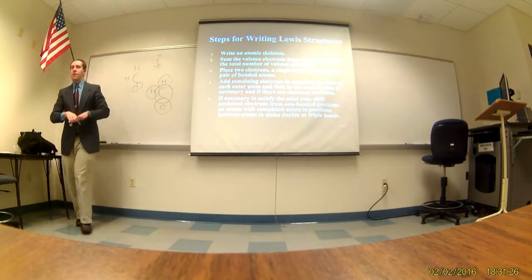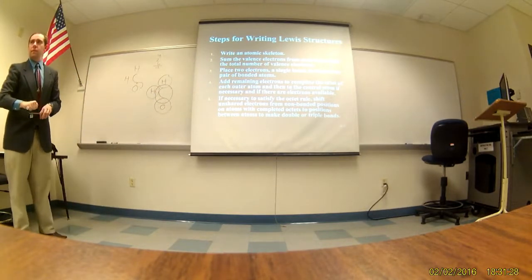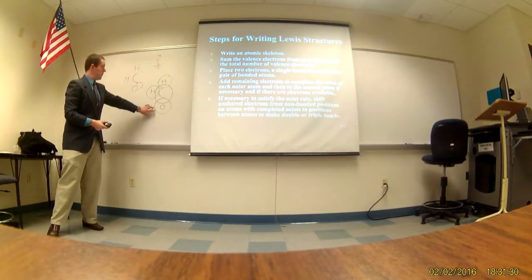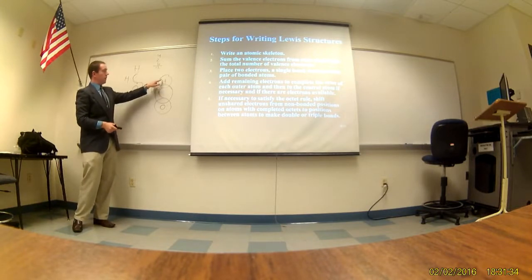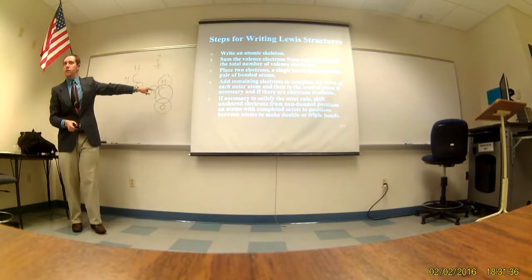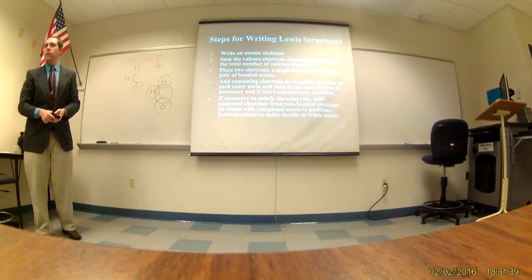So everything is happy there. So we finished that structure. That is just the structure. You don't need to draw the circles. I just drew those so you can see where the electrons are going.